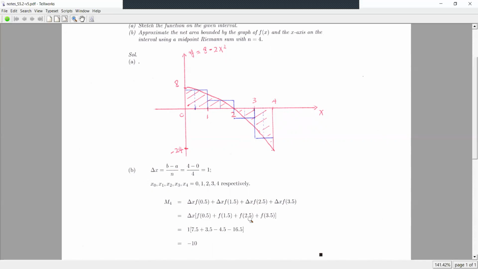The function value at 2.5 is negative 4.5. And then this function value is also negative 16.5. Now with a calculator, we get negative 10. So if we use 4 rectangles and build rectangles with function values at midpoints, then the net area is roughly negative 10.